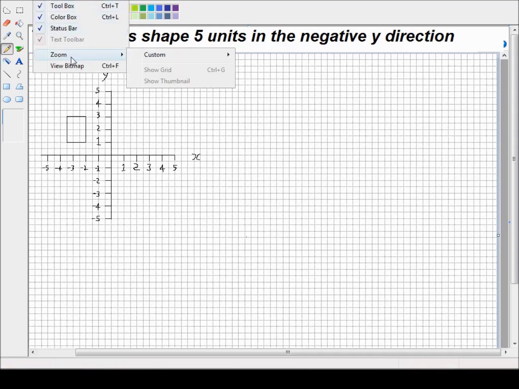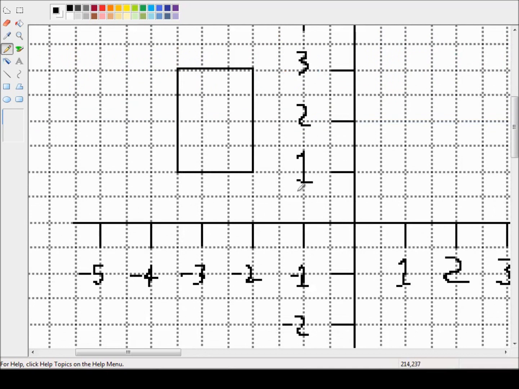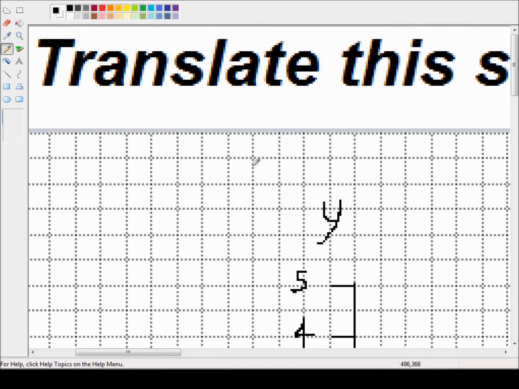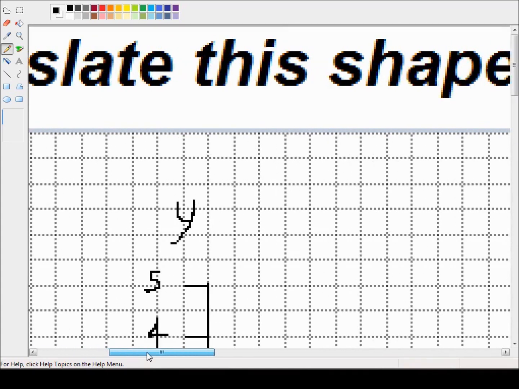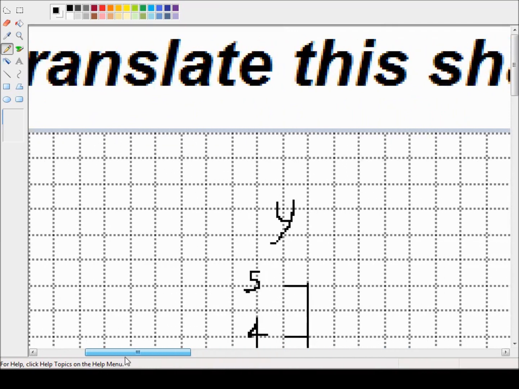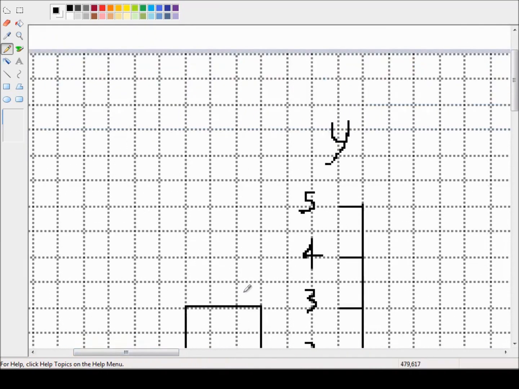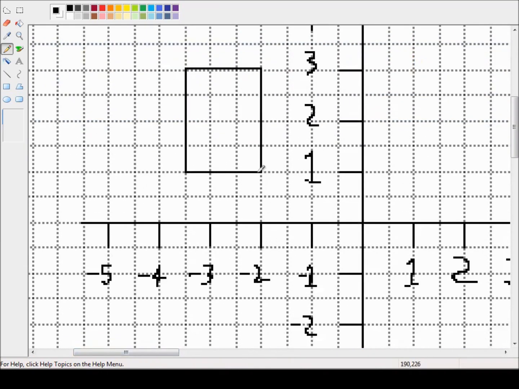Alright, so let's zoom in, get a closer look. Okay, so our bottom right corner of this rectangle is -2, 1, and we're supposed to be translating 5 units in the negative y, so we're subtracting 5 from y and leaving x alone.